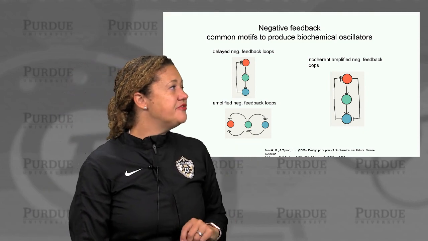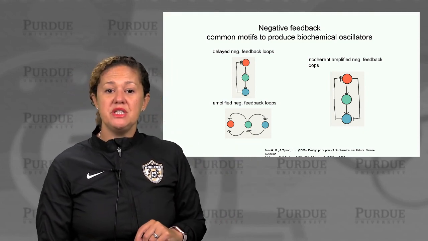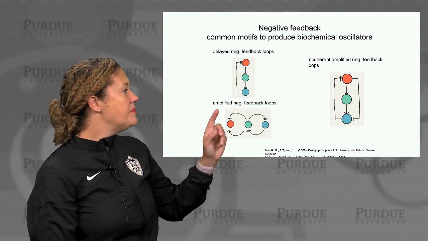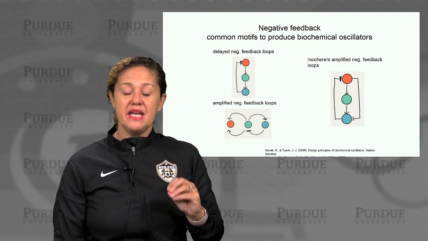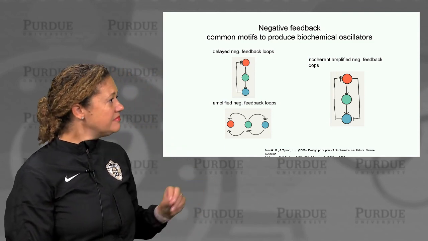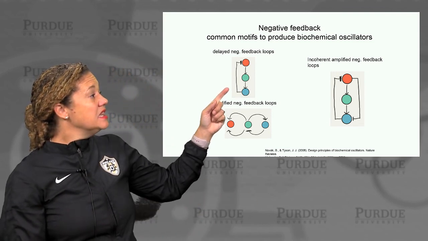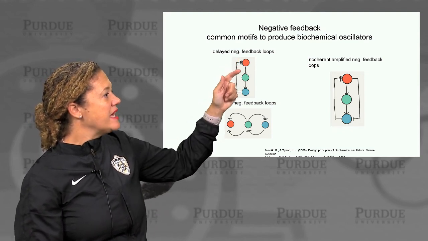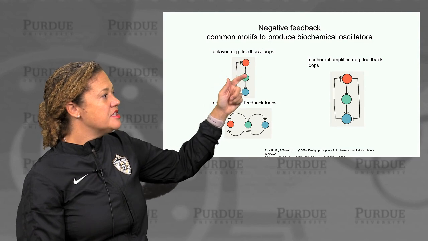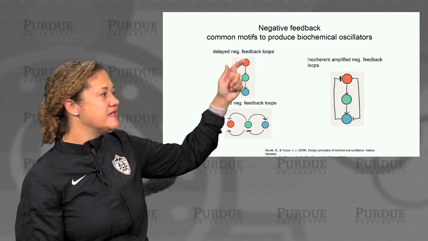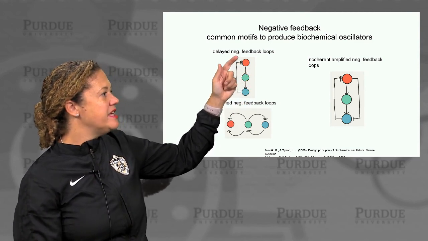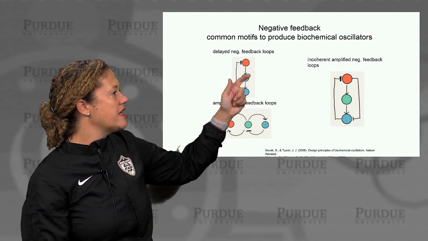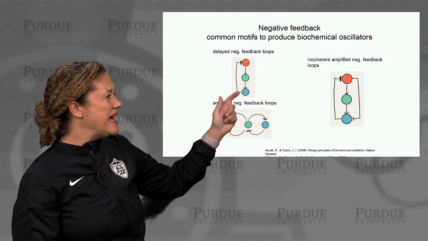So within negative feedback, there are some other common motifs that are found in biochemical oscillators. Besides just simple negative autoregulation, there are delayed negative feedback loops. So we have this feedback loop where another gene is inserted inside this process, creating a delay between the effect of our orange, say, X protein and gene product on our Z, which can come back and inhibit.